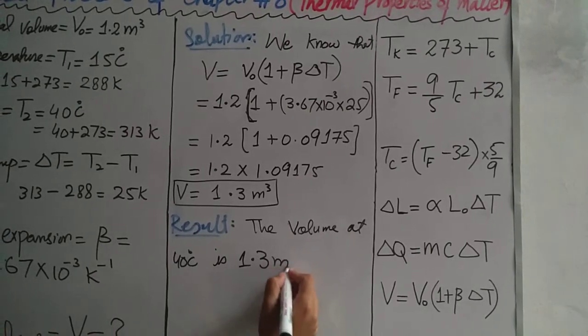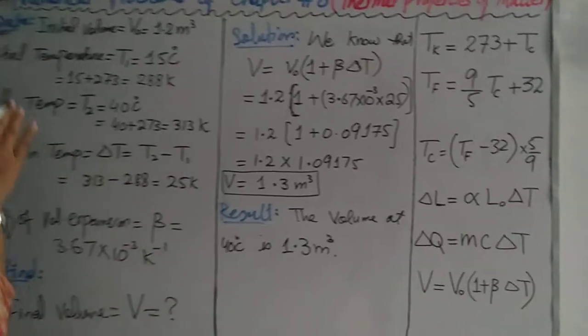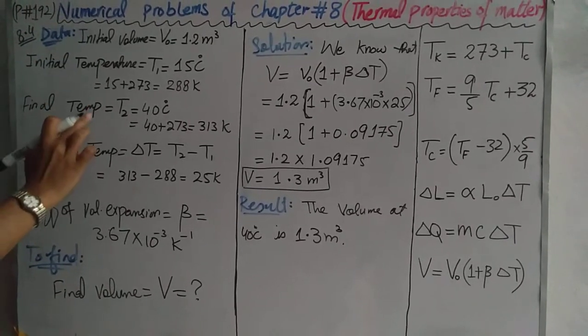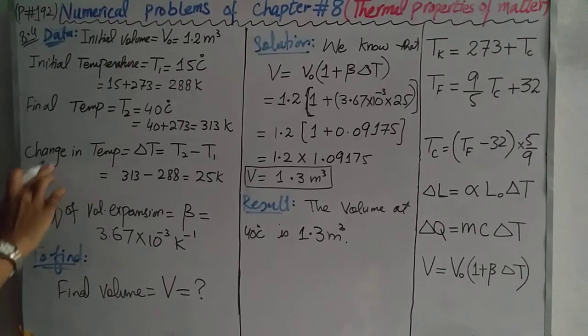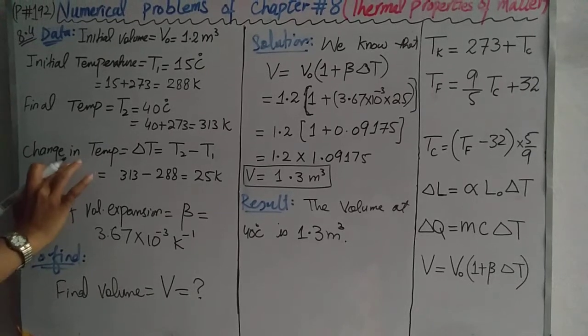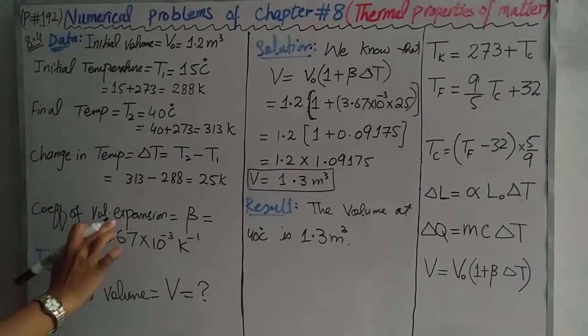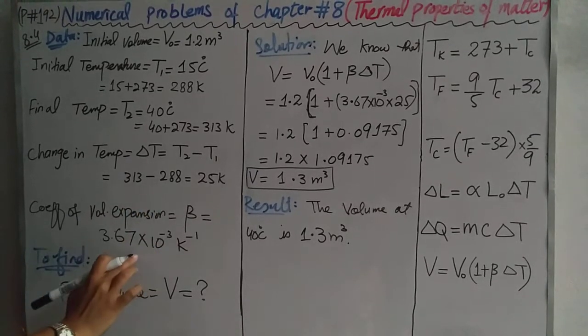1.3 meter cube. What we have done in this numerical problem: we have the initial temperature and final temperature. First of all, we calculate the change in temperature delta T, and then the coefficient of volume expansion is given data.